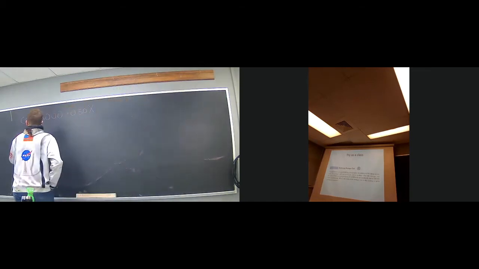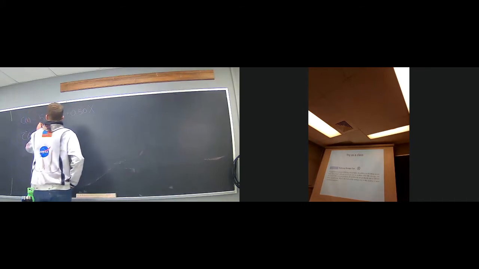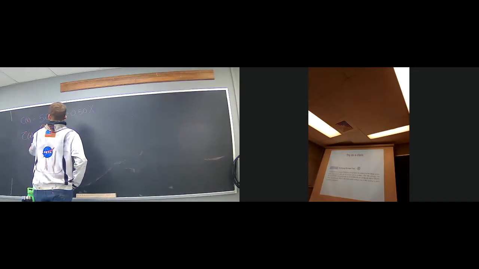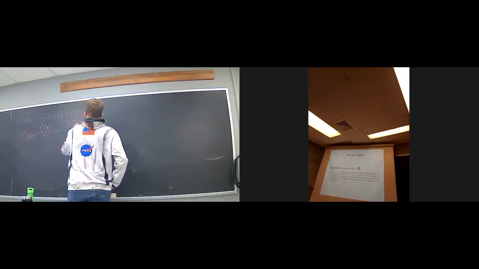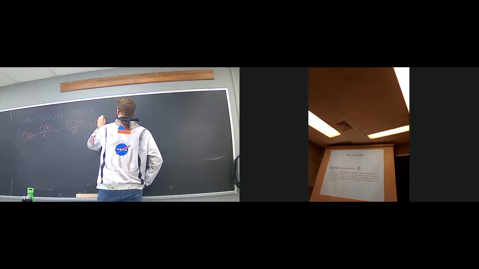Now, we want to find the average cost function. The average cost function is going to be equal to our cost function divided by x. So we're going to get 5,000 divided by x plus 50 cents.